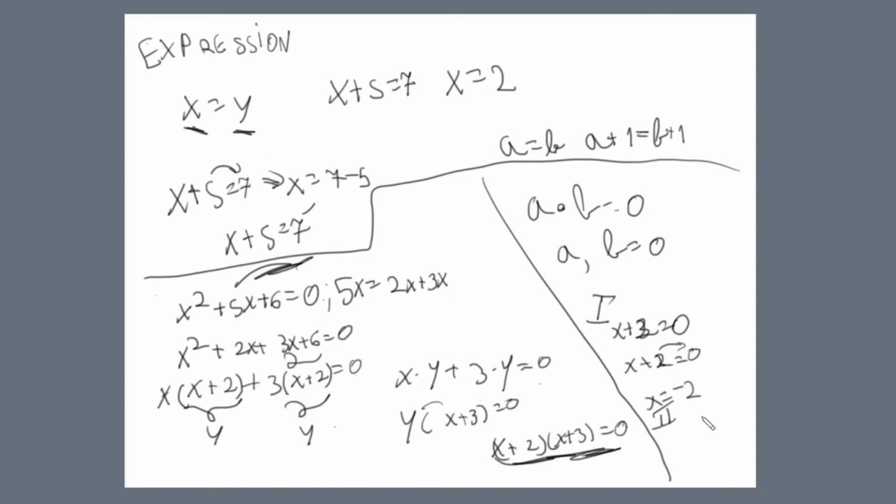It's going to be x plus 3 is equal to 0, and it's going to be x is equal to minus 3. And so these are the two solutions to the equation, because if you put minus 2, it's going to be 0 multiplied by 1, and that's 0, and if you put minus 3, it's going to be minus 1 multiplied by 0, which is also 0.